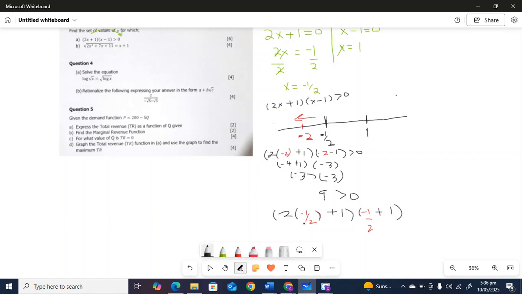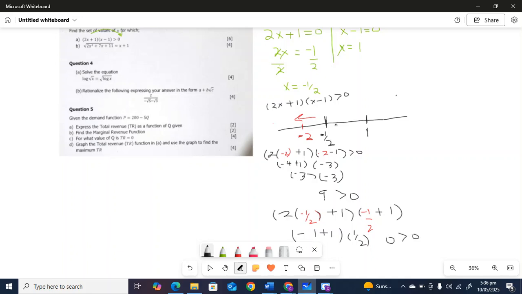So 2 times negative half, that is negative 1, plus 1. Negative half minus 1, that is negative 3 over 2. Negative 1 plus 1, that is 0. 0 times that, 0 is not greater than 0.